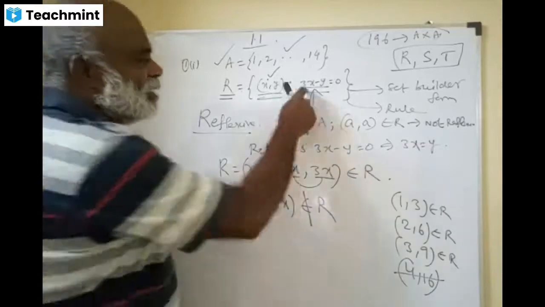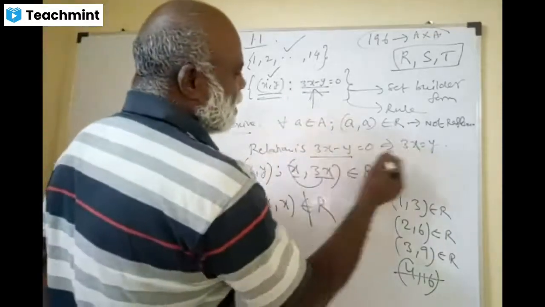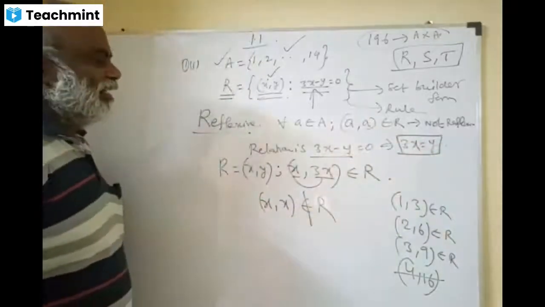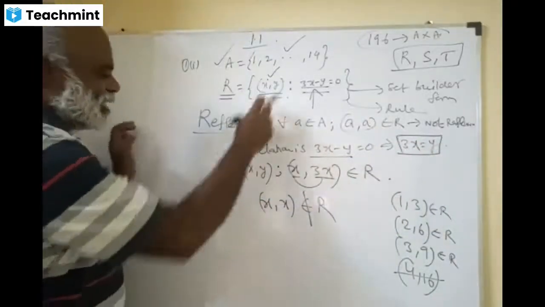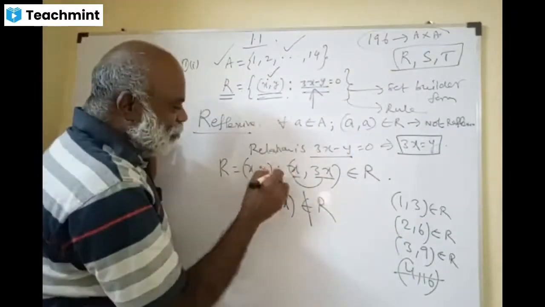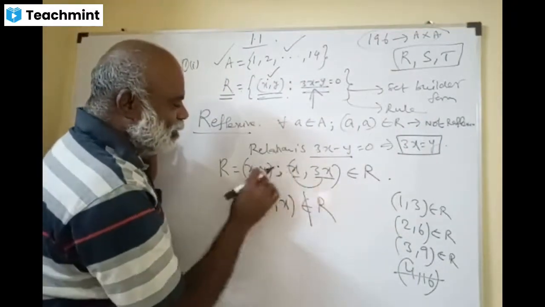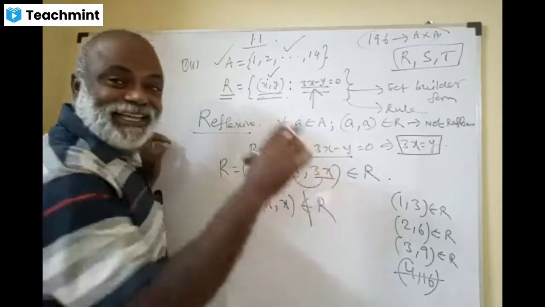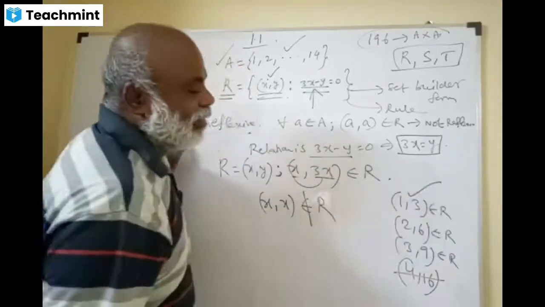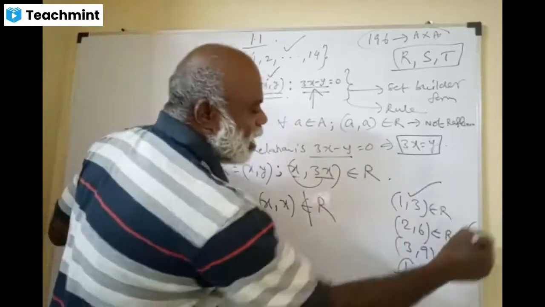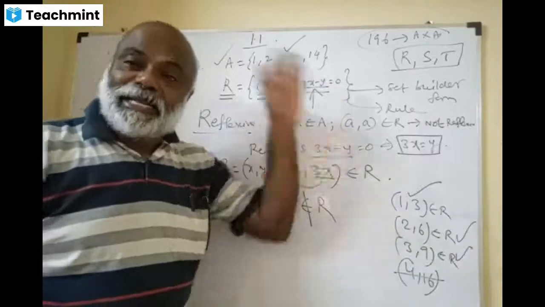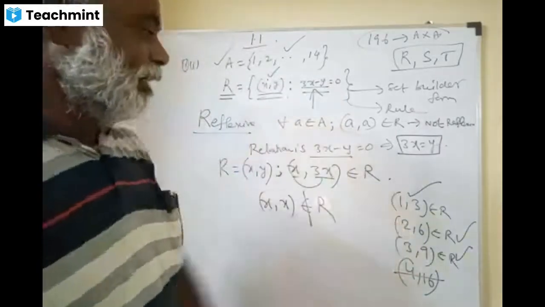Here 3x minus y equals 0 means 3x equals y. So R is (x, y) under this condition. What is y? 3x. So (1, 3) belongs to R, (2, 6) belongs to R, (3, 9) belongs to R. I can write many.